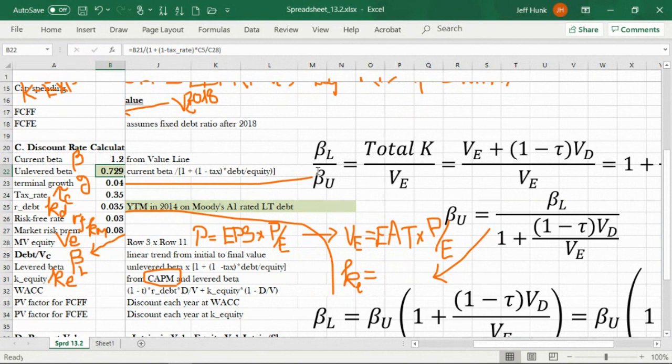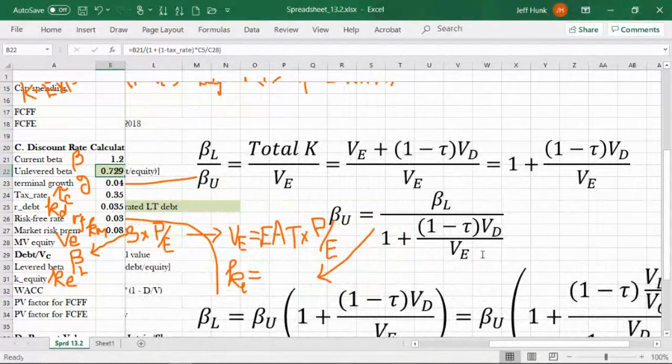So if you solve this equation for unlevered beta, it will come to this.